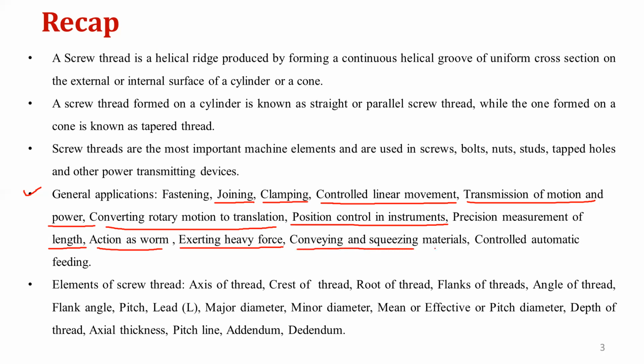And for conveying and squeezing materials, like in screw conveyors, injection molding machines, screw pumps, etc. And for controlled automatic feeding, we use screw threads, like in mass production assembly, where the workpiece is automatically fed into the machine.